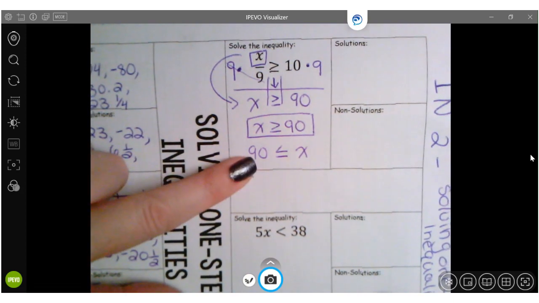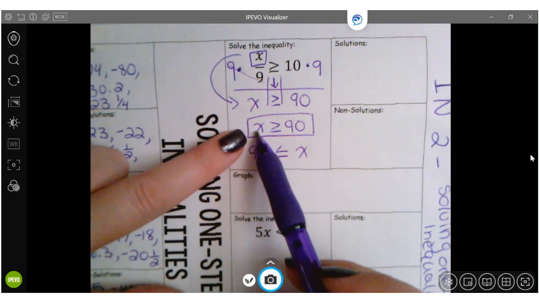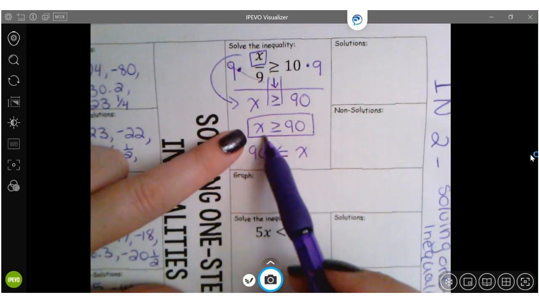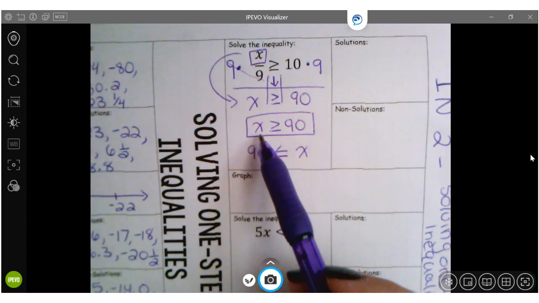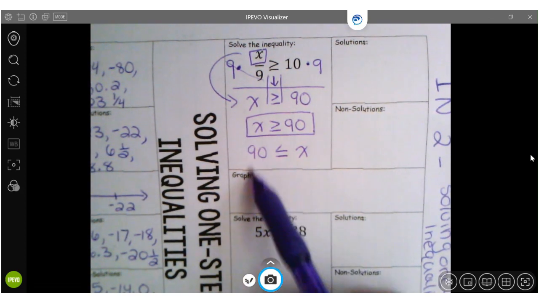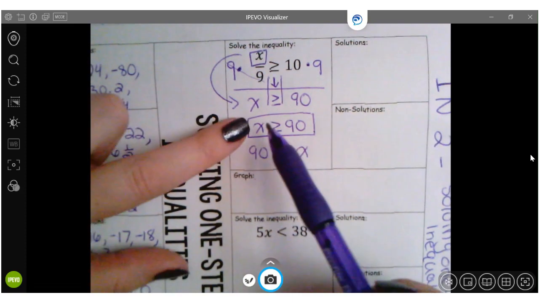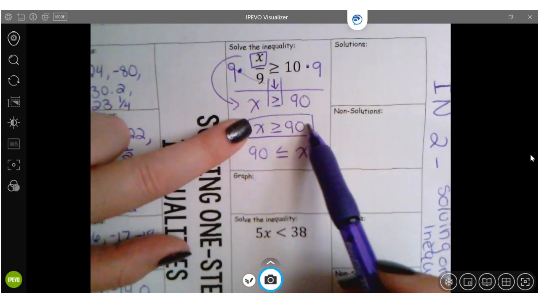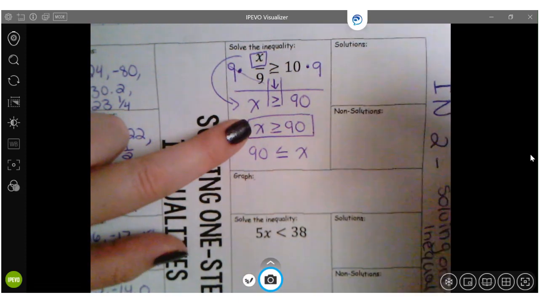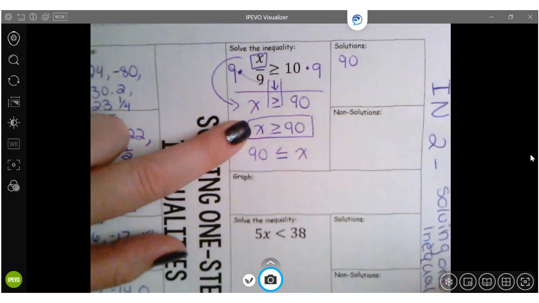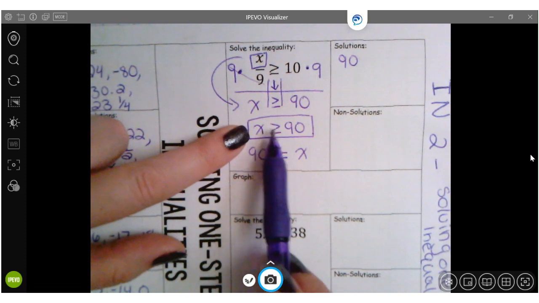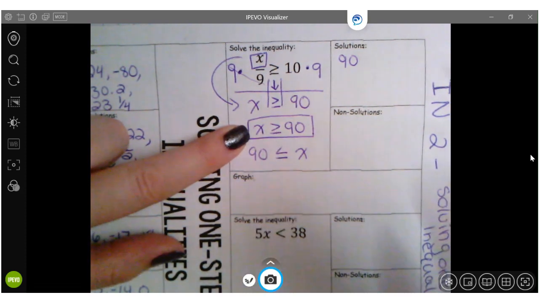All right, possible solutions. So again, I normally like to use the inequality where the x is on the left in order to help me figure out my solutions. You can use either, but anything that would go in the place of x. So first of all, there is a line under the inequality symbol, so I would include 90. That would be a solution in this case. But I also would include values that are greater than 90.